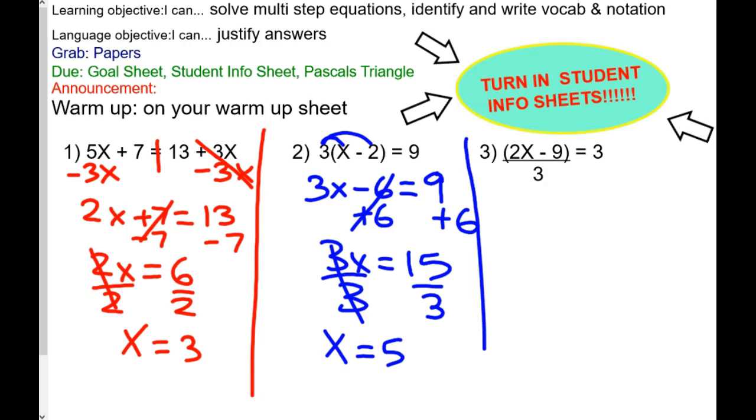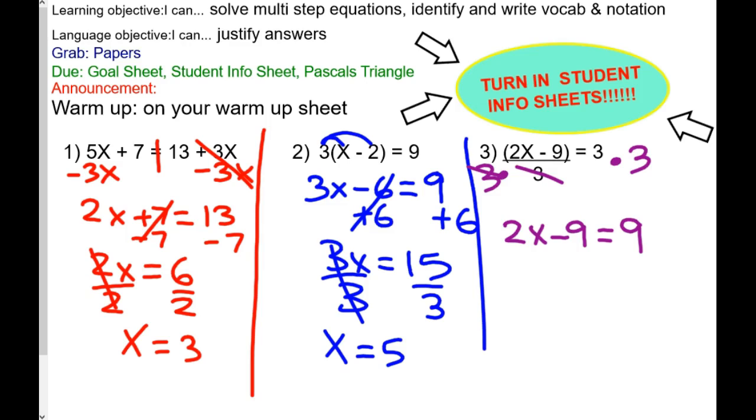So to get rid of this denominator, dividing by 3, what's the opposite of dividing by 3? Multiplying by 3 on this side, multiplying by 3 on this side. Both sides, right? So on the left, the 3's cancel out. I'm going to bring down that 2x minus 9 equals, and then 3 times 3 is 9.